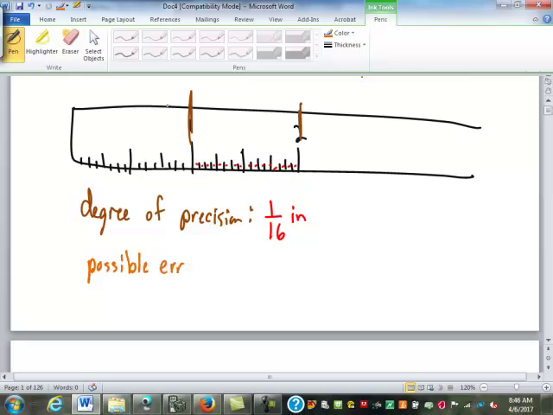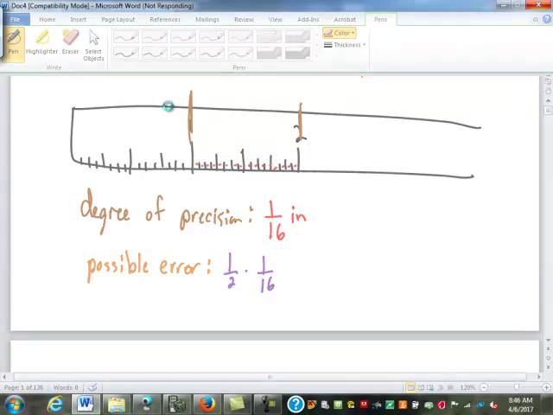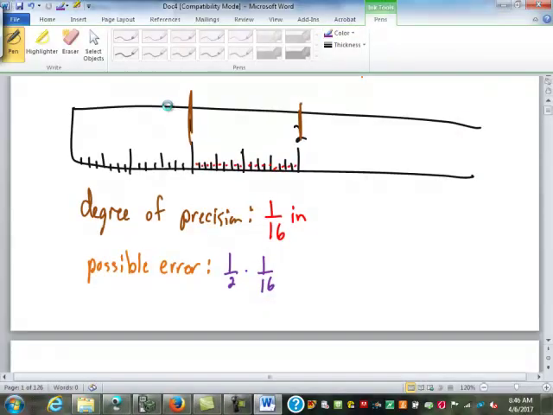What is that greatest possible error or possible error? 1/32. Yes, 1/2 of 1/16. Your 1/16 divided by 2 or 1/16 times 1/2. Either way is going to give us 1/32 of an inch. So it's plus or minus a 32nd of an inch.